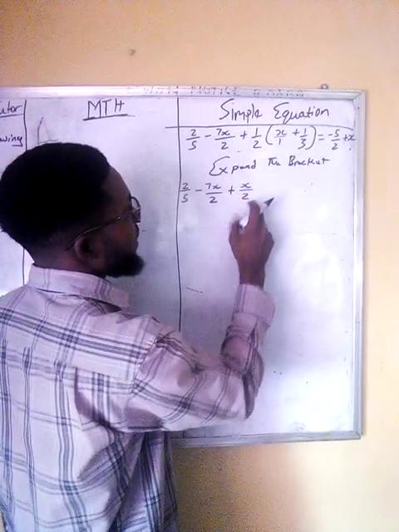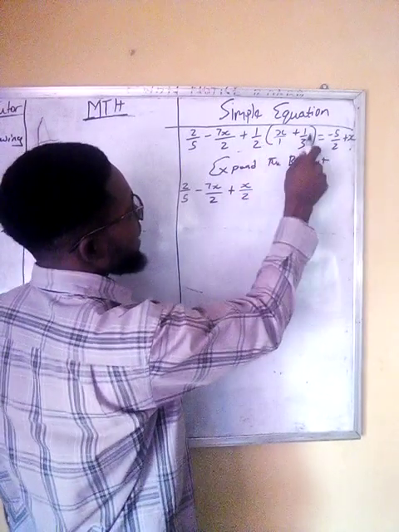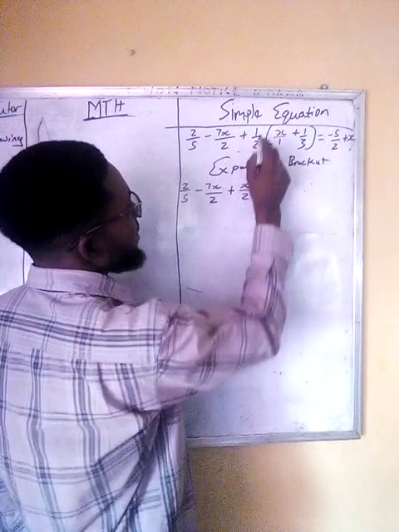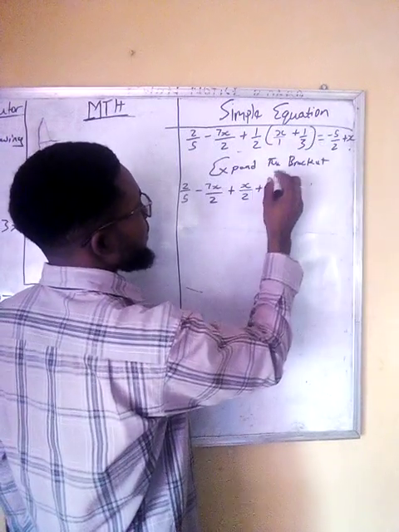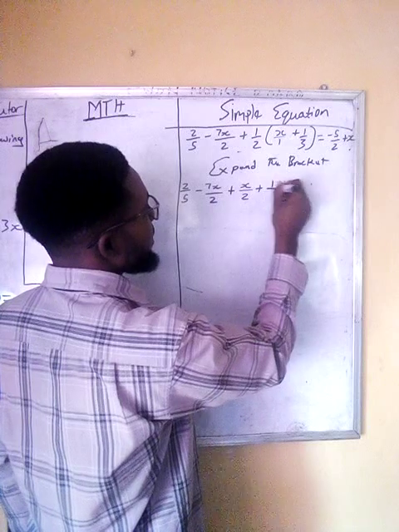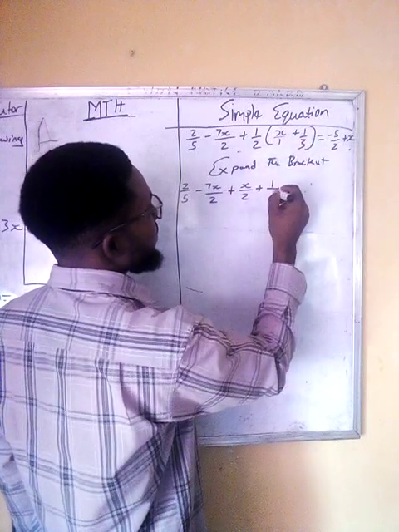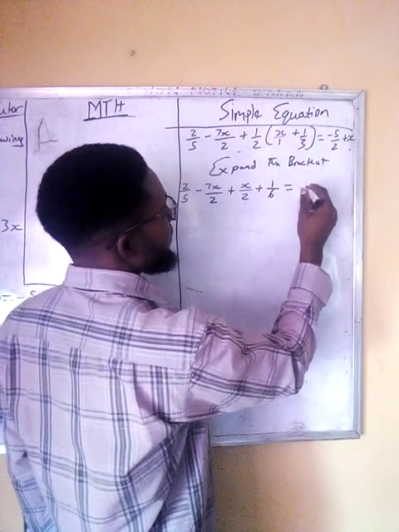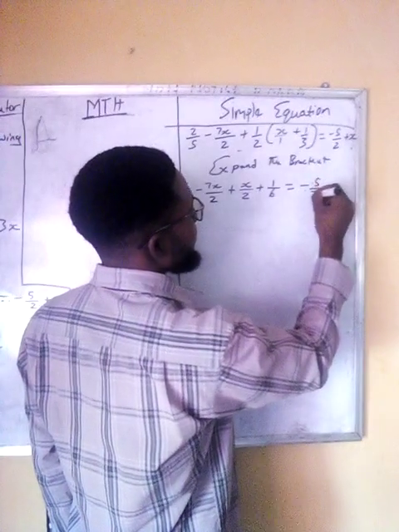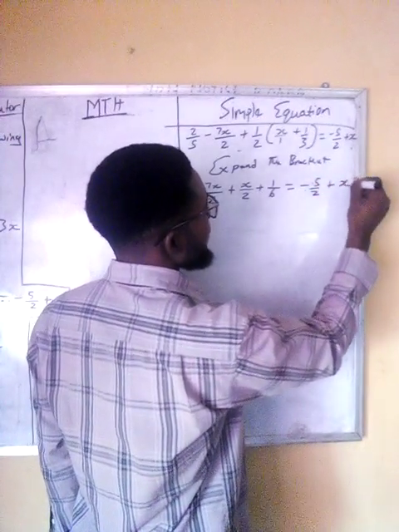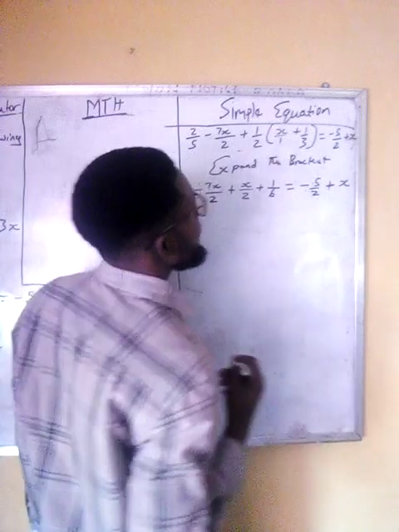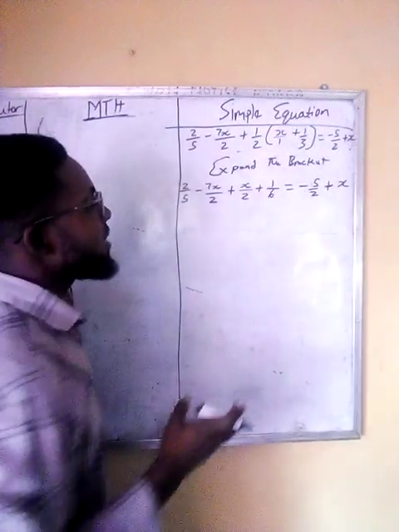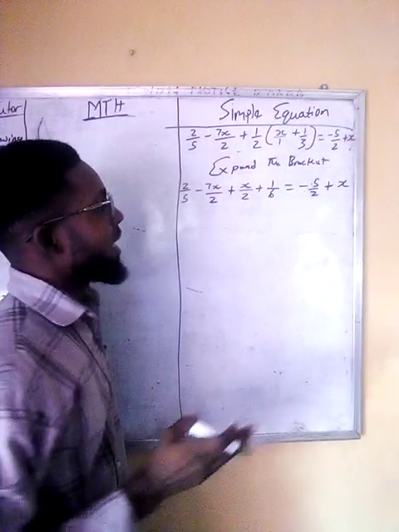So it's x all over 2. Then 1 over 2 again times 1 over 3. So 1 times 1 is 1, and then 2 times 3 is 6. So therefore it equals minus 5 over 2 plus x. So we have expanded the brackets.